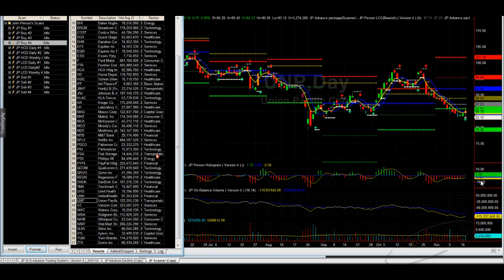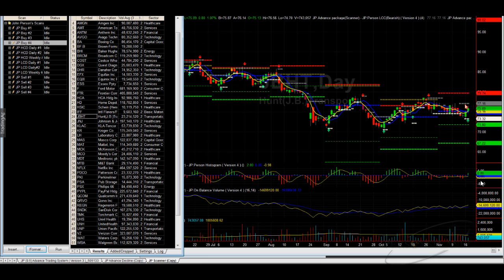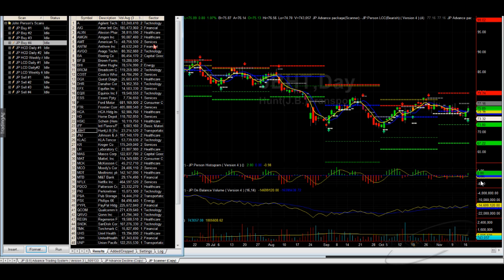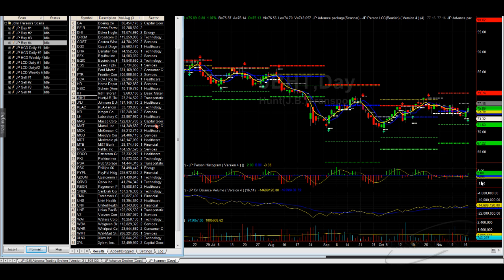Looking in the transportation sector, I'll note that I got JB Hunt, which had another one on a rise in volume. If I go up and down to see how many stocks generated signals today in the transportation sector, you'll see with me that we've got this sector listing right here that categorizes them.